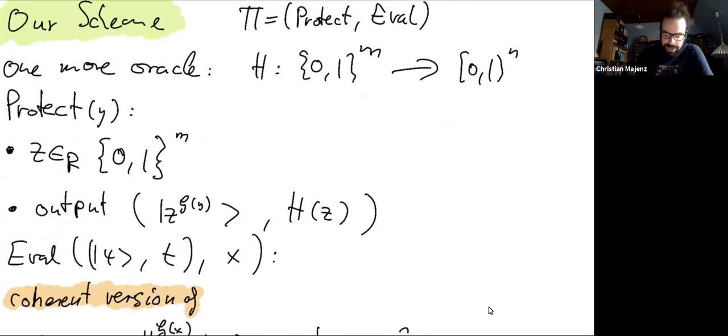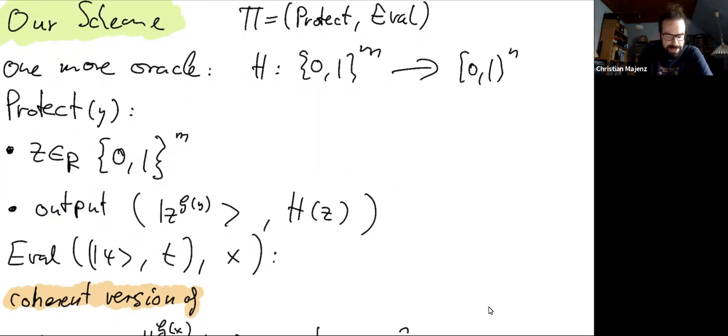So here we introduce one more oracle. The previous oracle we called G, and now we have another oracle H that maps from m bits to n bits. Now the protect algorithm with input y works as follows.